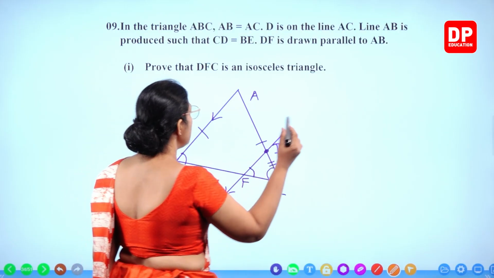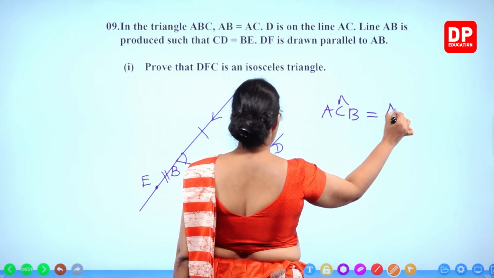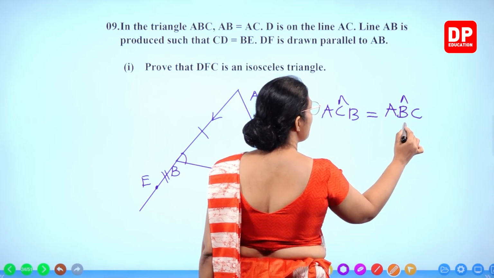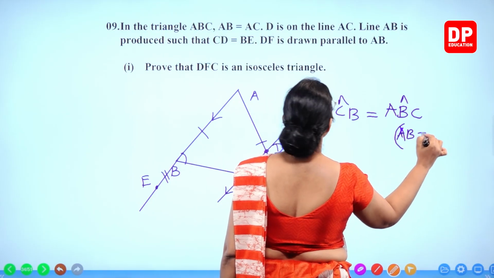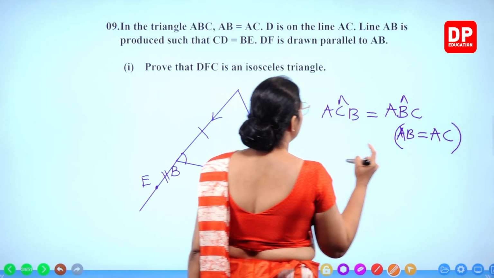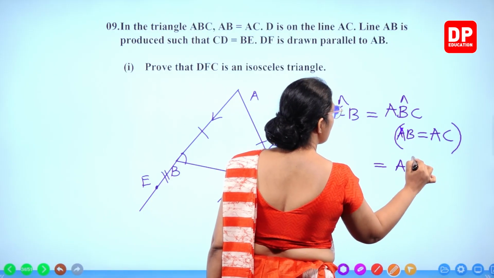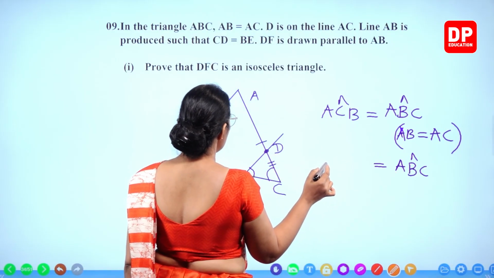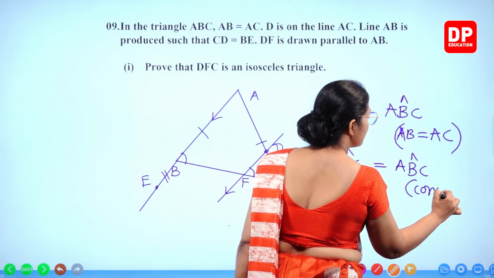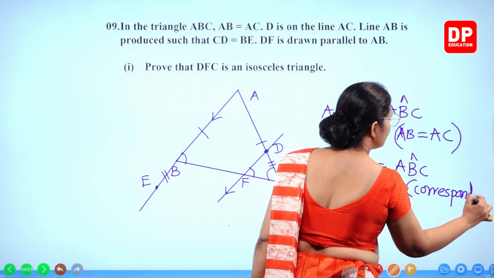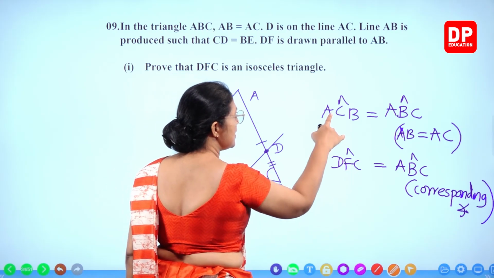So let's write that down. Angle ACB is equal to angle ABC. What's the reason? Isosceles triangle, because AB is equal to AC. Then we know angle ABC is the same as angle DFC, corresponding angles. Then we can say these two are equal.